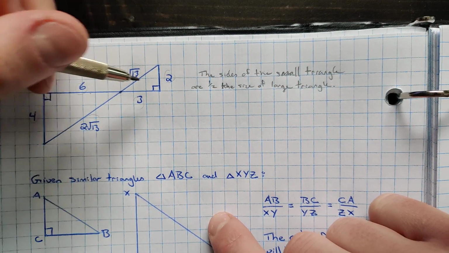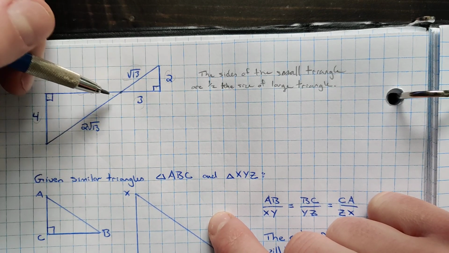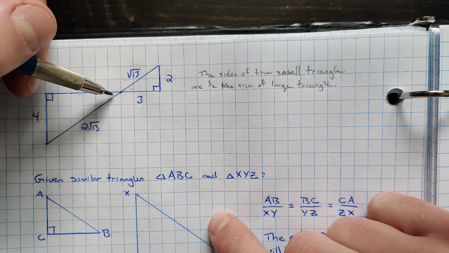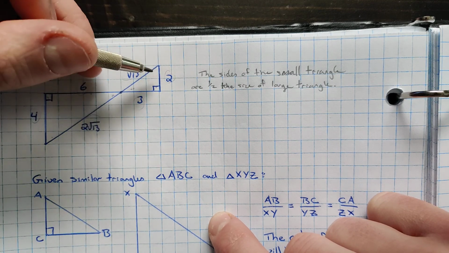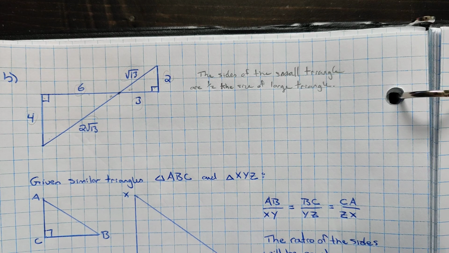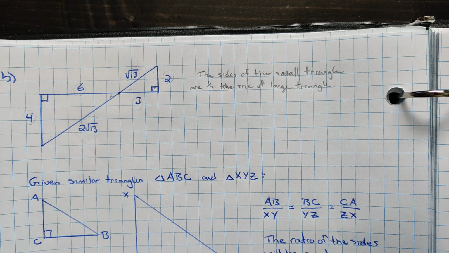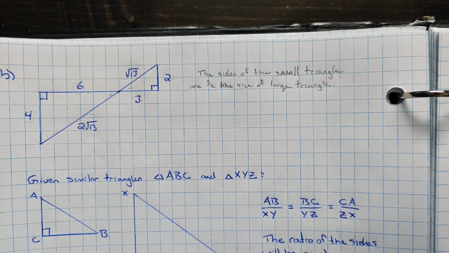Also, we have that right angle that matches. This here is the opposite angles. Opposite angles are going to be the same, and that would then result in these two angles being the same. In a triangle, once you have two angles the same, the third angle automatically has to be the same. So something like the sides of the small triangle are 1/2 the size of the large triangle, or vice versa, saying that the large triangle is double the small triangle would perfectly work.